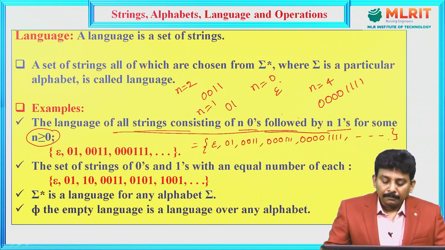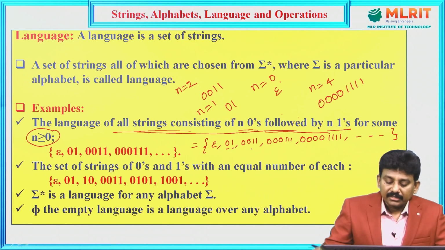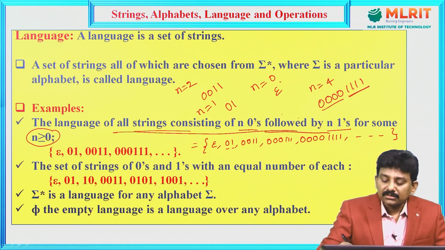Here, zeros followed by ones, the order is important. Once ones occur, zeros will disappear, that is, after zeros only ones appear. If 1 appears, zeros will disappear. So, first we read zeros, after that we read ones.